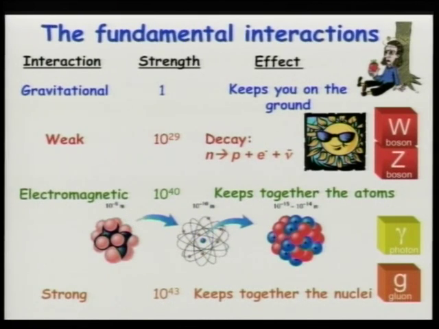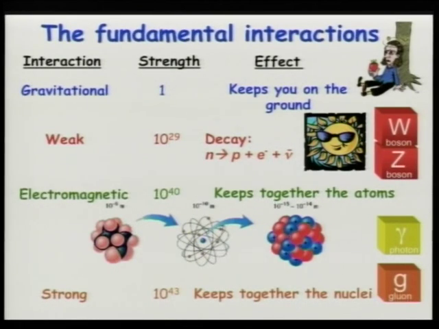I told you at the beginning that when we produce these particles, most of them decay, because there is the weak interaction. For instance, a neutron, just alone, after a bunch of seconds, decays into a proton, electron, and antineutrino. And the mediators are the W and Z bosons.